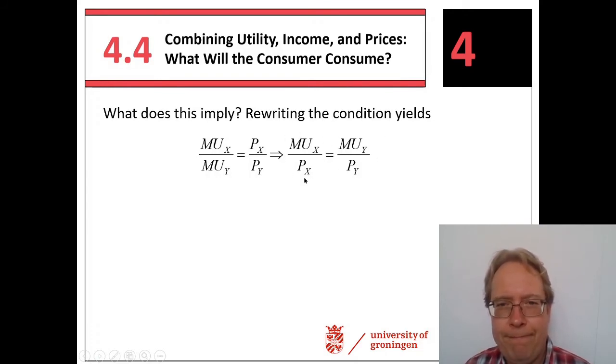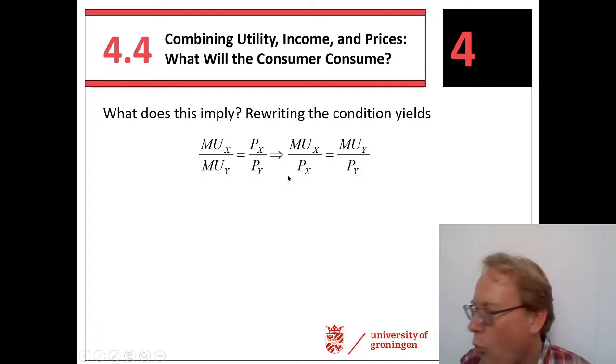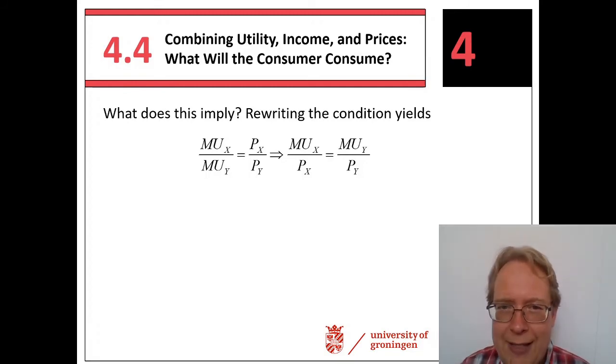Here I have my marginal utility of product X. So what do I get extra in happiness if I consume just one more unit of X, or an infinitesimally small unit of X? And what I have down here is the price of X. So if I buy one more unit of X, then this is the extra utility I get.